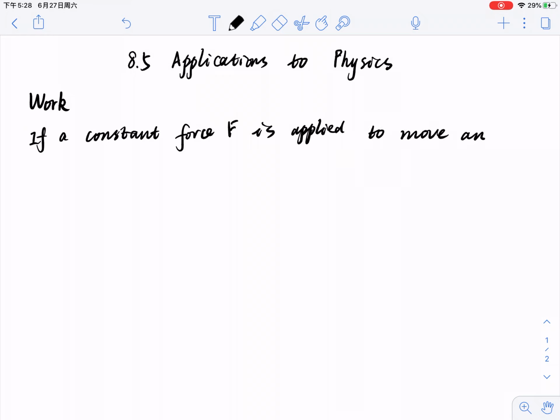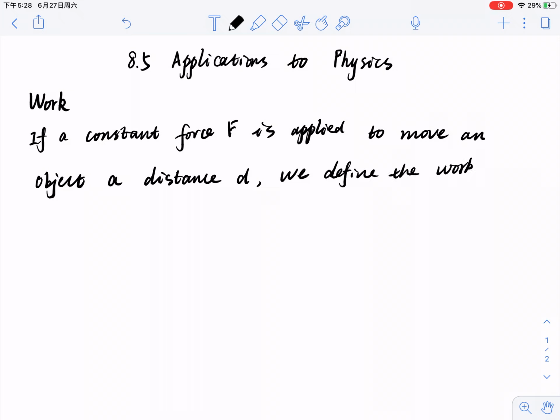If a constant force F is applied to move an object a distance d, we define the work W done to be the product.